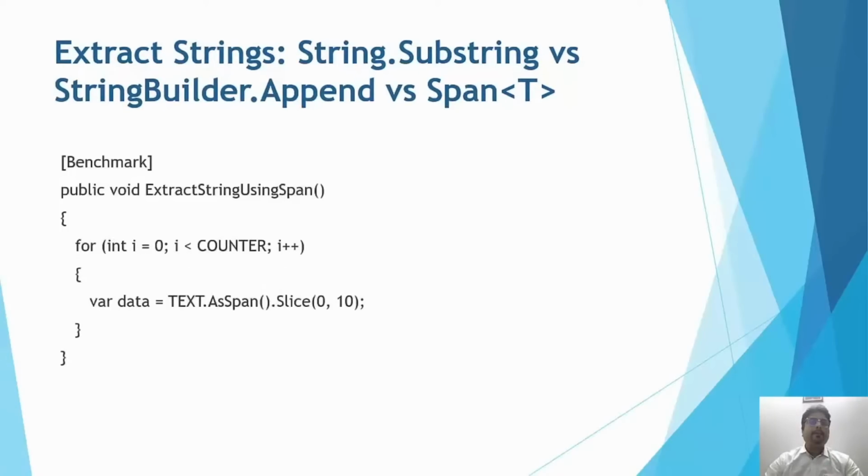And the last one is another version of extracting strings where we are using span. You can see we are using slice. So we are converting the text to span, and then we are using the slice method. We are passing the starting index and the number of characters we need to extract.